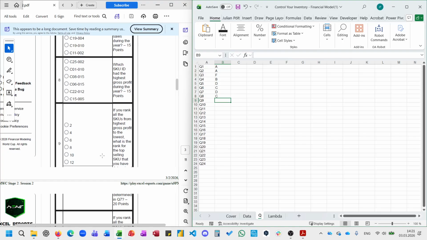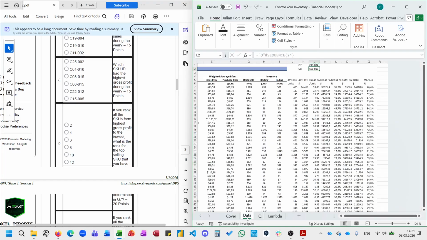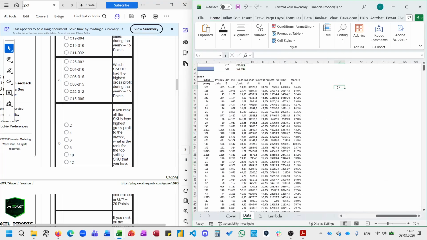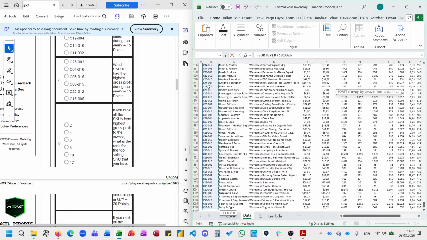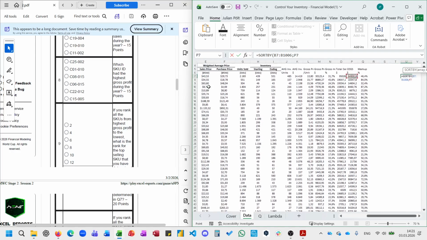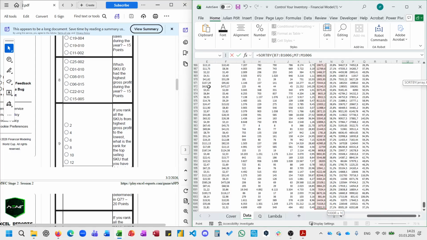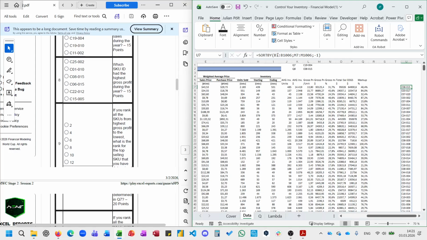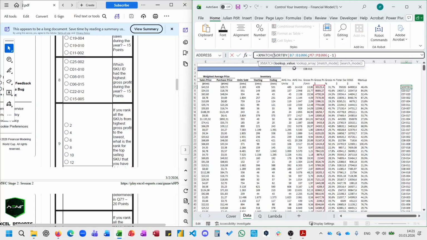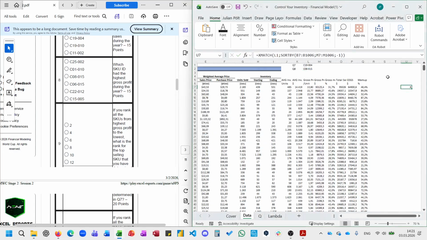Highest gross profit to lowest. Okay, sort by SKU, gross profit, -1, and then XMATCH of this in there. 8.